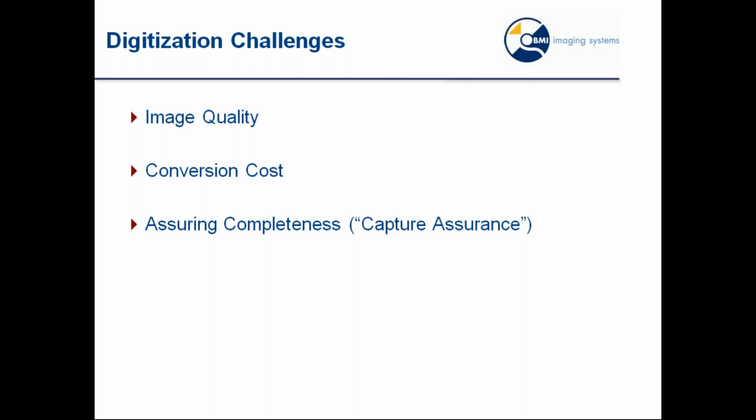And that is a concern sometimes, because some of the fiche scanners that are in use out there, they may skip images. There could be issues or glitches in the conversion process, which would compromise the completeness or accuracy of the capture process. So it's always a concern, and we address that in different ways.